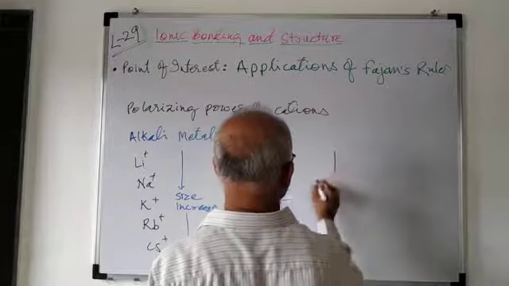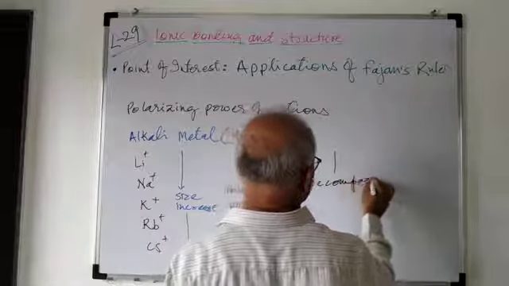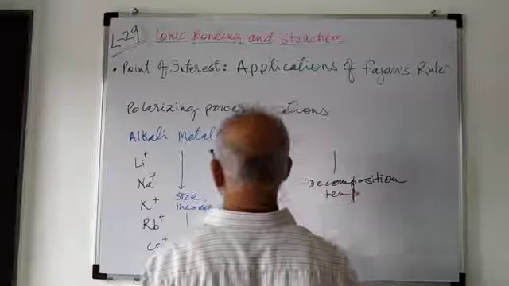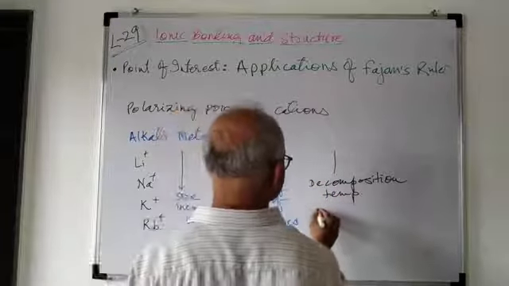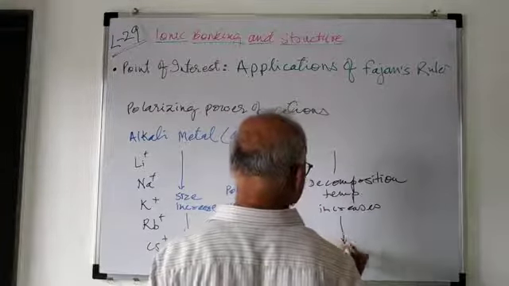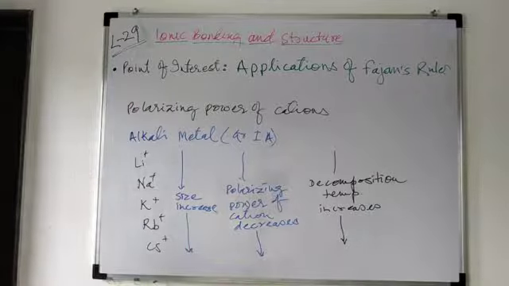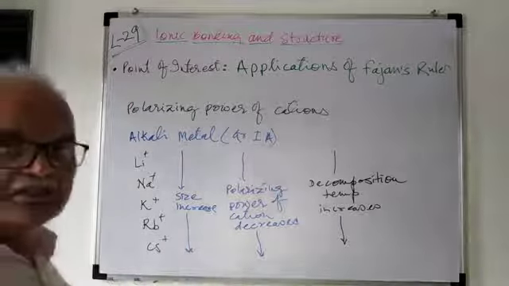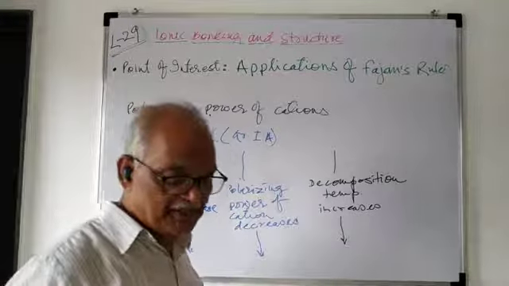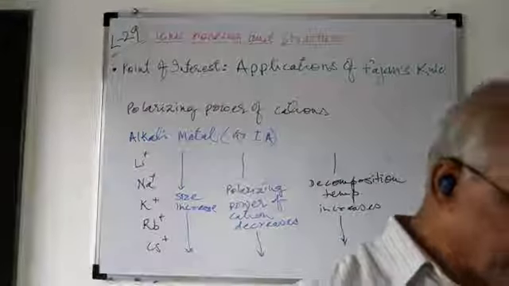The decomposition temperature increases in this direction. So polarizing power has its effect on the decomposition temperature of the compounds of these alkali metals. Now we can have a number of such examples.